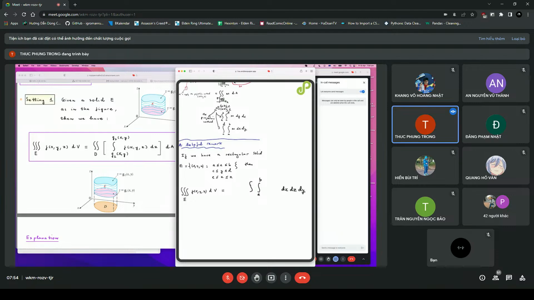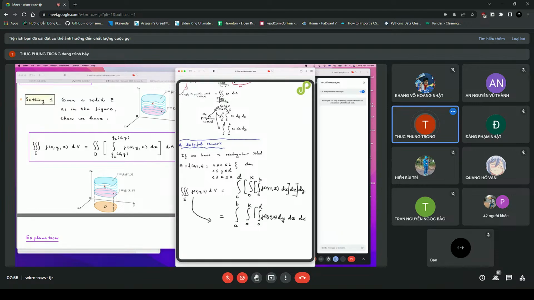And then we had dz, so it should be from ek. And the last one, ds, should be from ab. And then obviously inside we have the function. So if you would like to go for this, it's still all right.